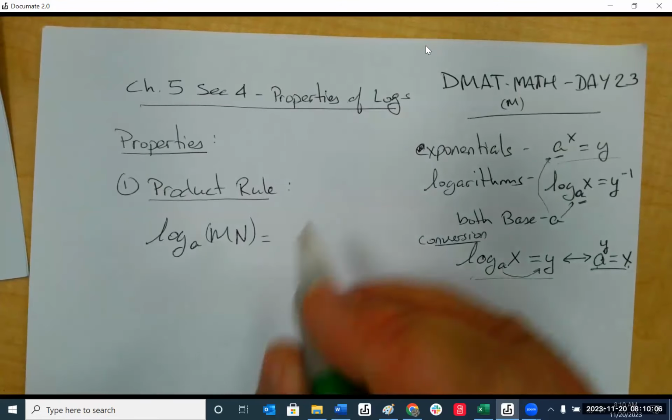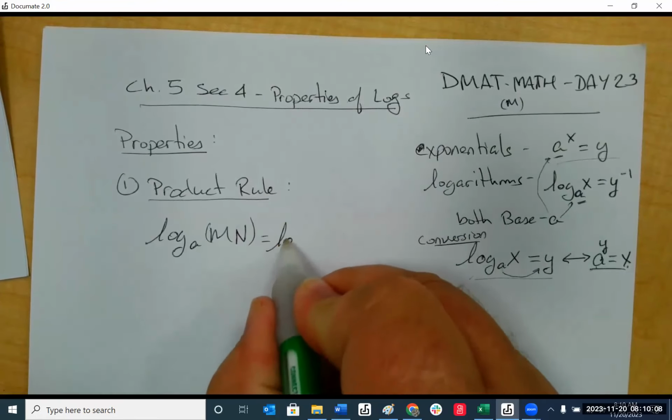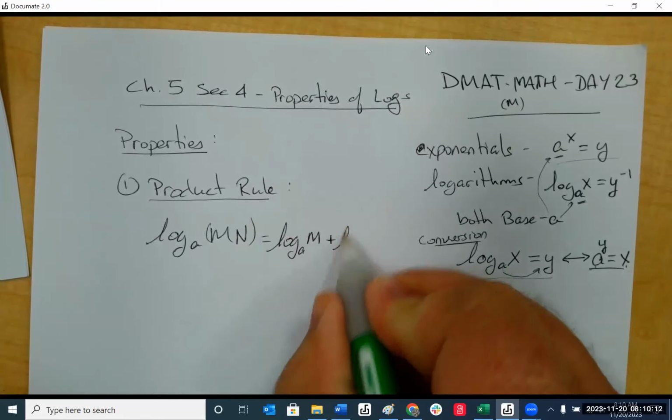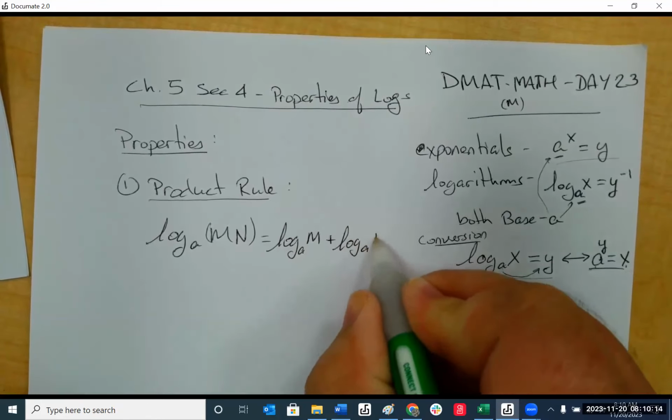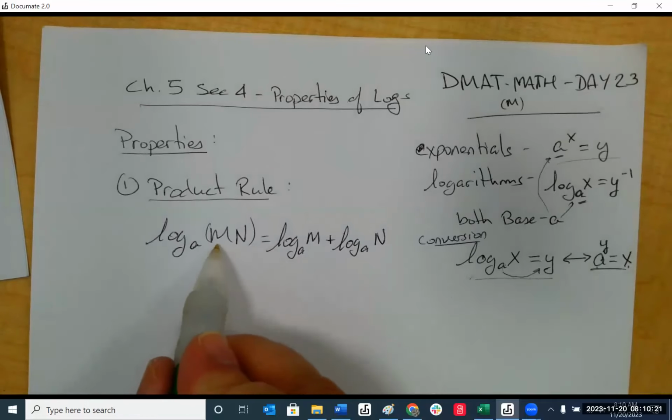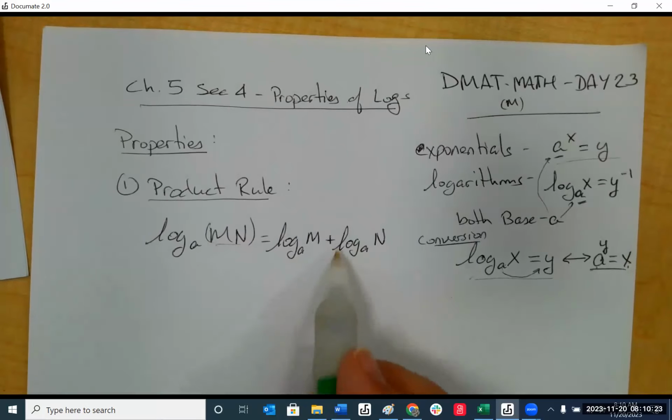When you multiply things, it gets bigger. So what we do here, we can convert it to the sum of the two. So that's the product rule. The product means multiplication. It converts to addition.